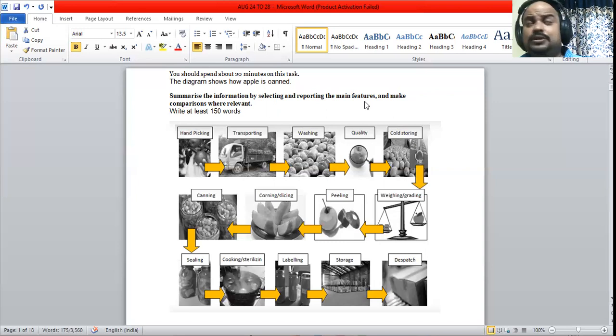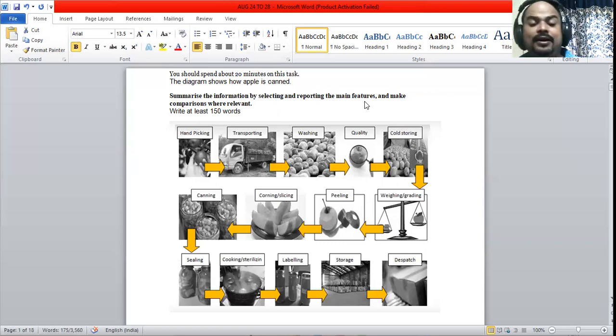And how does this differ from the statistical diagrams, the classical task 1s? The classical task 1s are bar graph, line graph, pie charts, and table. There we have a lot of numbers to compare, and here we are free of numbers. We don't have any numbers there. It's very easy to analyze the picture, as this picture has titles there: hand picking, transporting, washing, quality, cold storing, all these things.